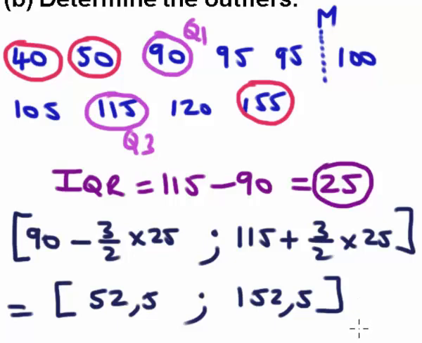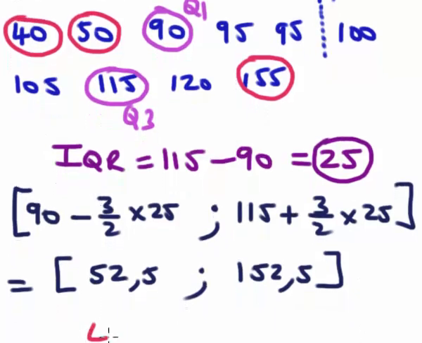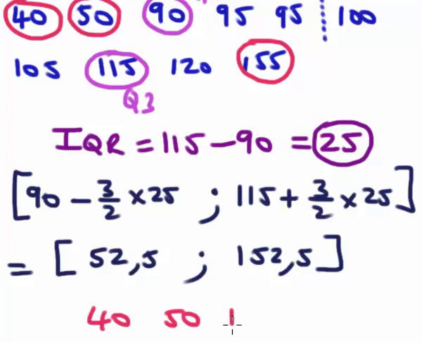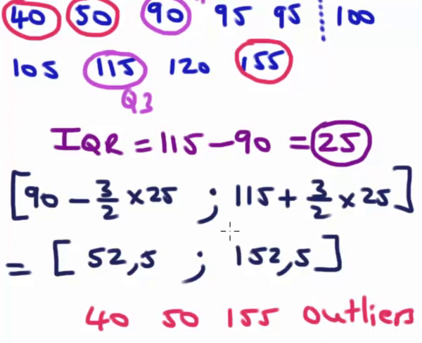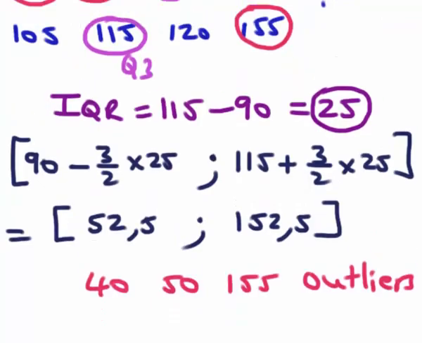So 40, 50, and 155 are our outliers because they fall outside the outlier interval. The other scores are pretty normal, they're pretty closely aligned, but 40, 50, and 155 are completely outside of the outlier interval.